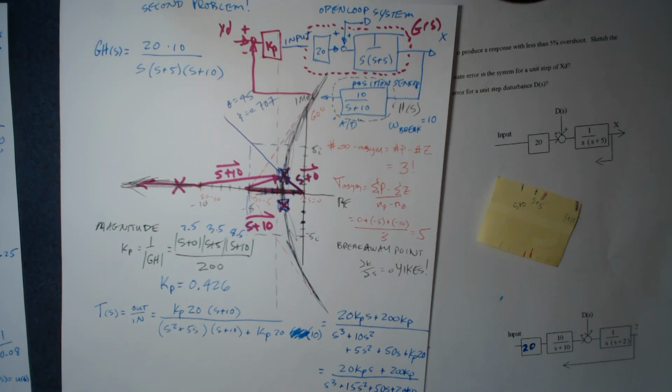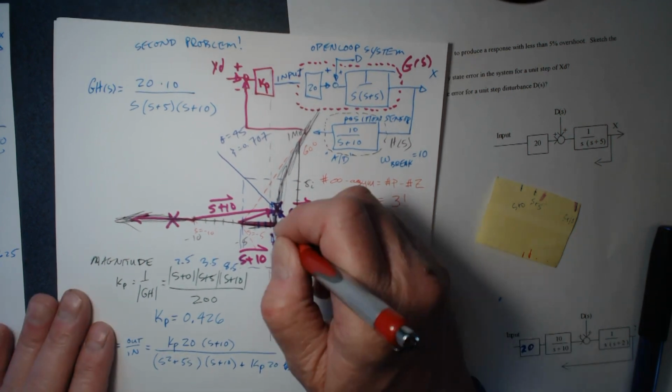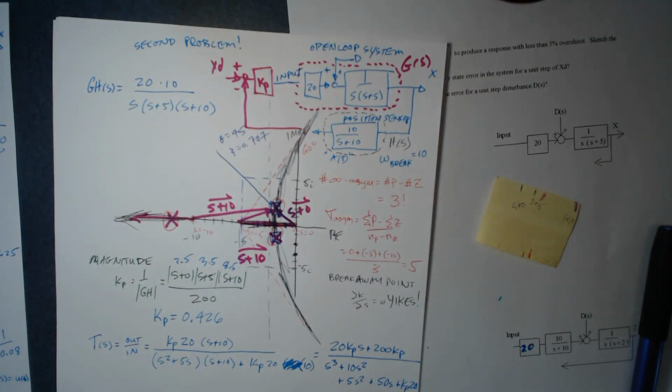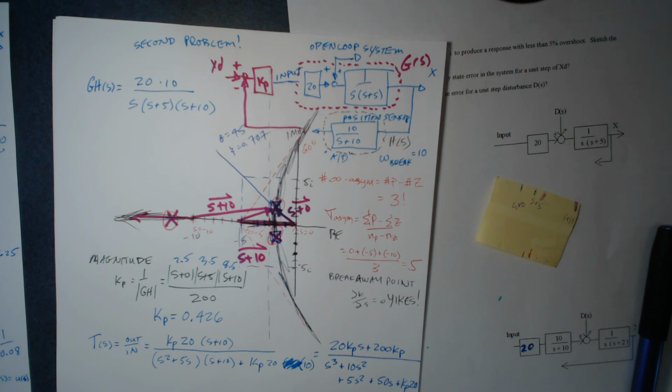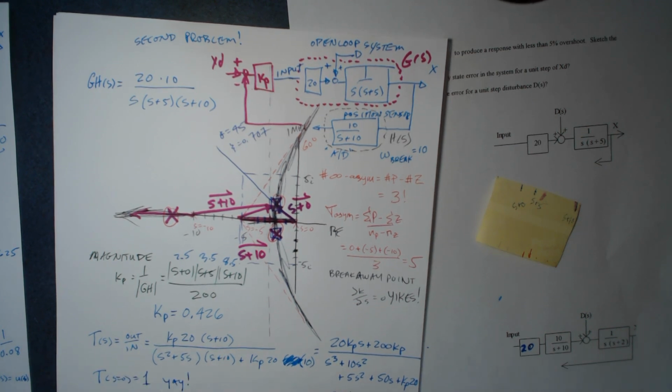Okay, where are the roots of this characteristic equation? You can go to MATLAB and find those roots. For a cubic, you can find the roots, but guess what? I already know where they are. Look, 1, 2, 3. That's where I designed them to be. That's where the roots of that characteristic equation are. And the best news about this is that T of S at S equals 0 is equal to 1. Yay, again.